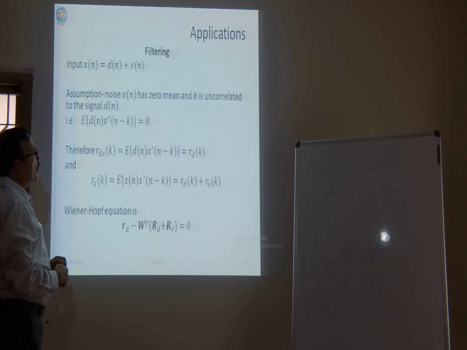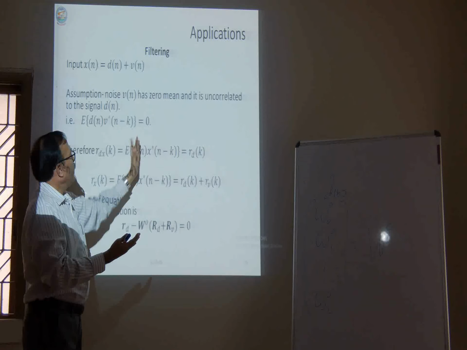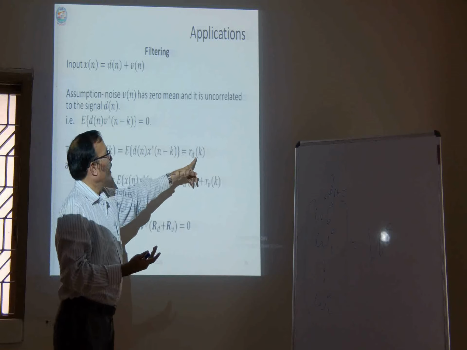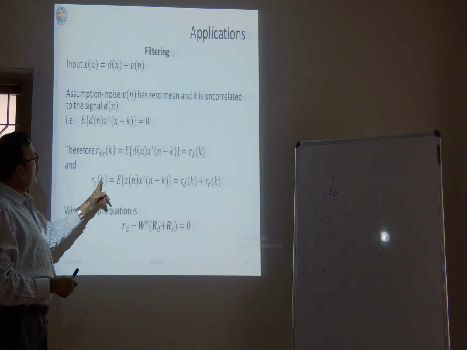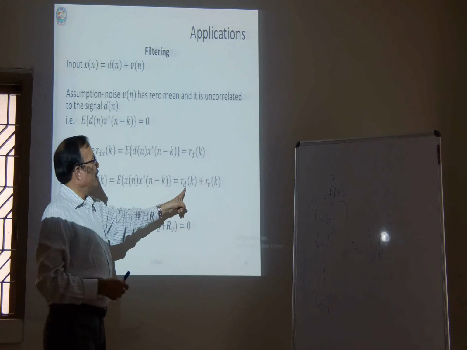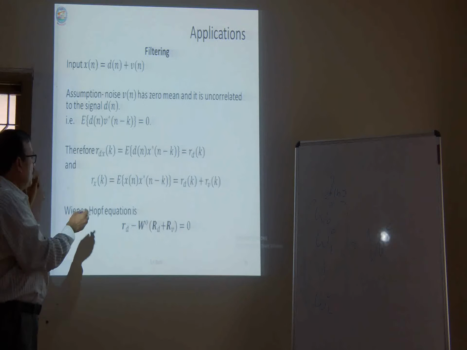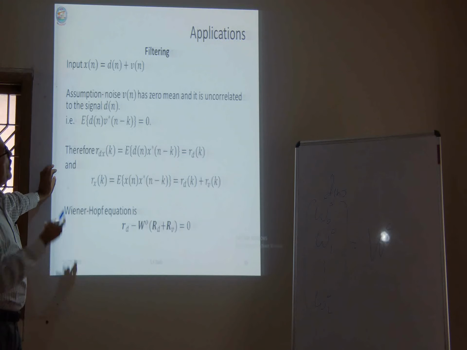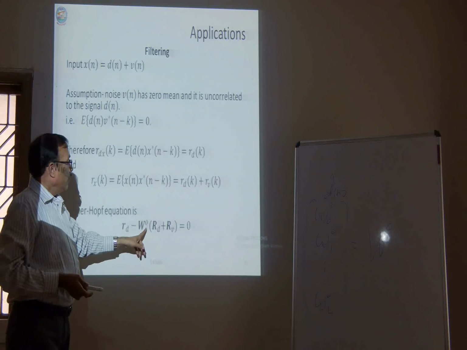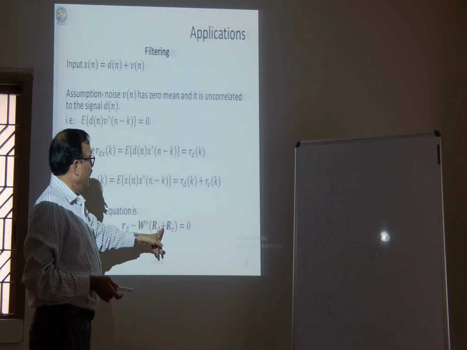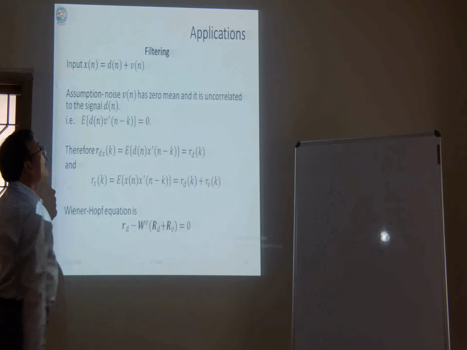The expectation of dn with vn is 0, and we will get only the expectation of dn with dn. So that is known as rd k. So similarly rx k is nothing but rd k plus rv k. And the Wiener equation in case of filtering is nothing but Rd plus Rv into w0 minus rd is equal to 0, because we have taken xn is equal to dn plus vn.